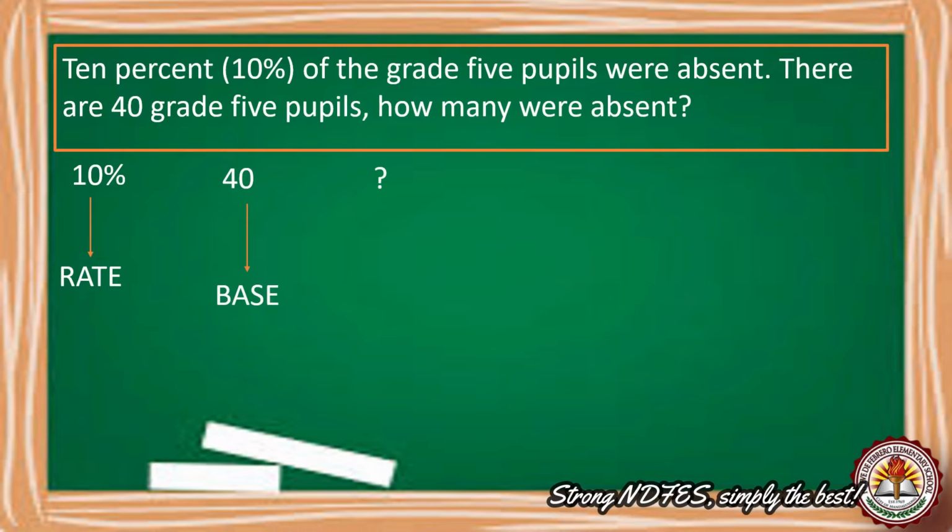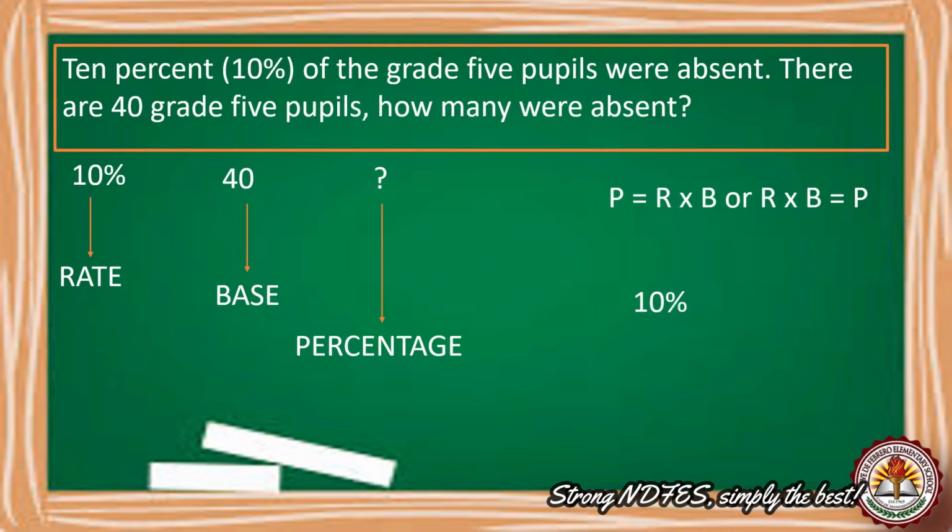So, what is our missing element? Rate and base are already given. So, our missing element is the percentage. And to find the percentage, following the formula, percentage equals rate times base, or rate times base equals percentage.